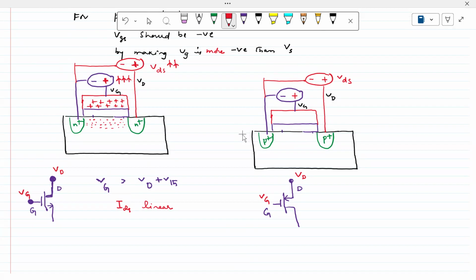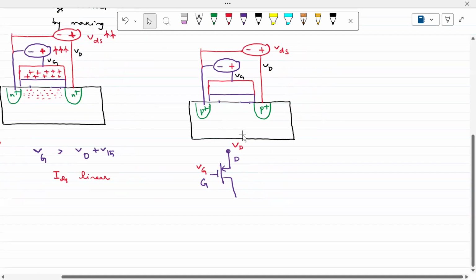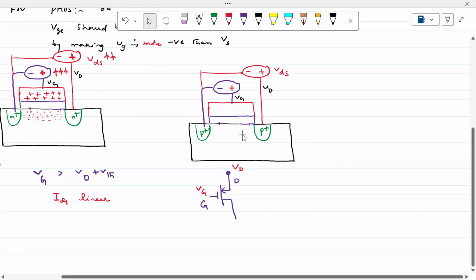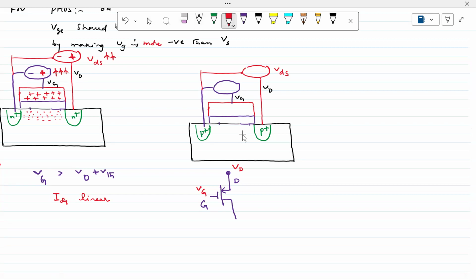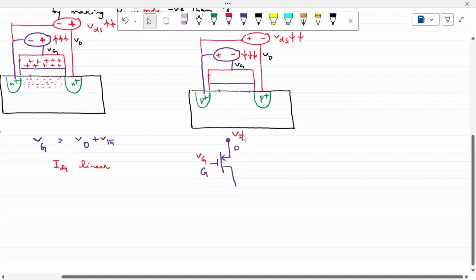Okay, now look at this condition here for the PMOS. Oh, I'm so sorry, for the PMOS I need to change this one, right? It's not this one. It is positive, it is negative. If the VG value is more negative than VDS, what am I going to write?